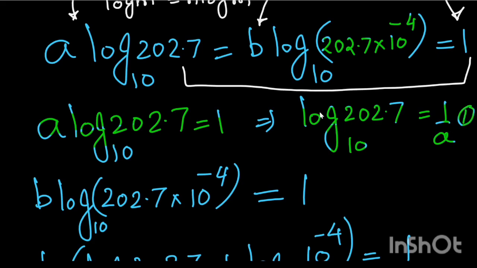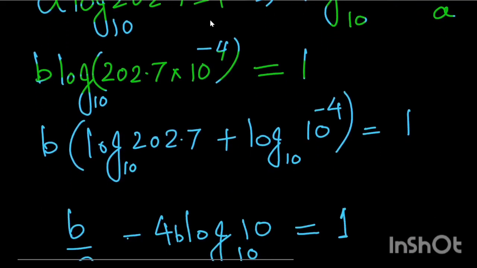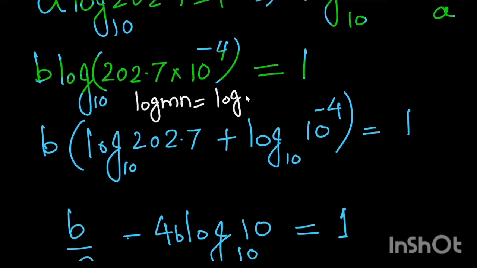Let's say this is the first part. Now the second equation is this equal to 1, which I have written here. This is the second equation, guys. So again, using the rule, log m n is log m plus log n.